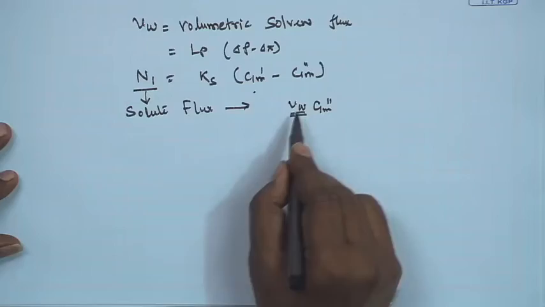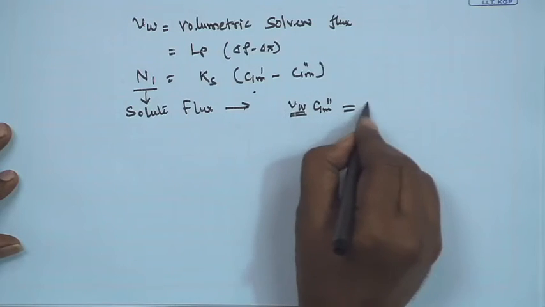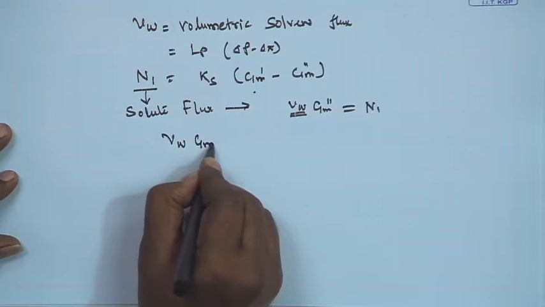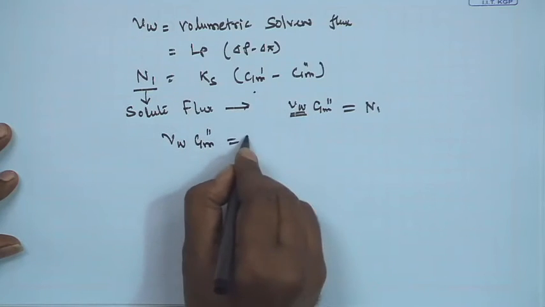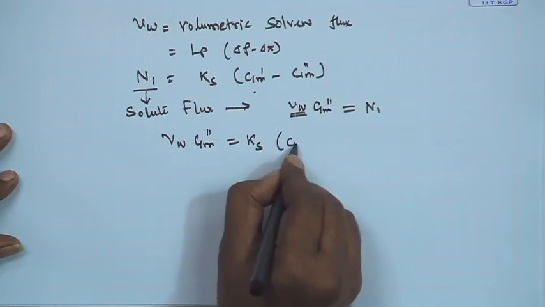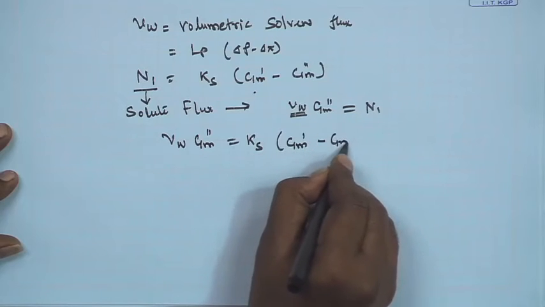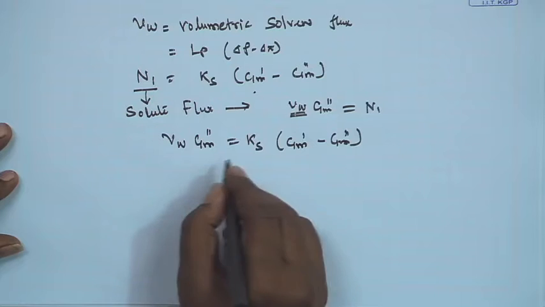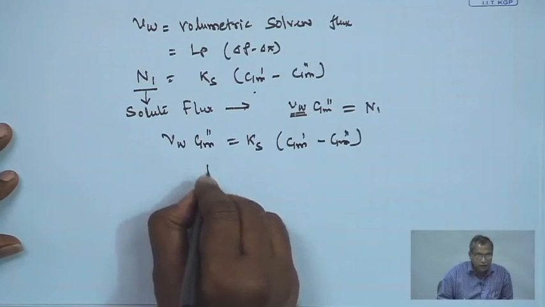So, that will be the amount of solute that will be carried out with the solvent. So, it is basically the solute flux. This will be equal to N1. So, you can write V w C1m double prime is equal to K S (C1m prime minus C1m double prime), and we can now invoke the definition of retention.